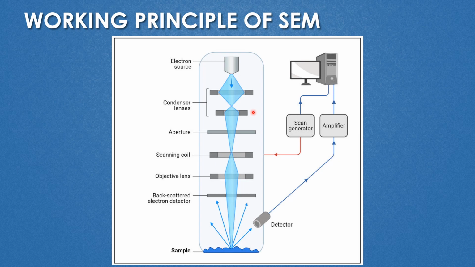The second condenser lens converts the wide electron beam into a pinpoint beam. See the difference here: the electron beam is wide, and here it is changed into a pinpoint beam.